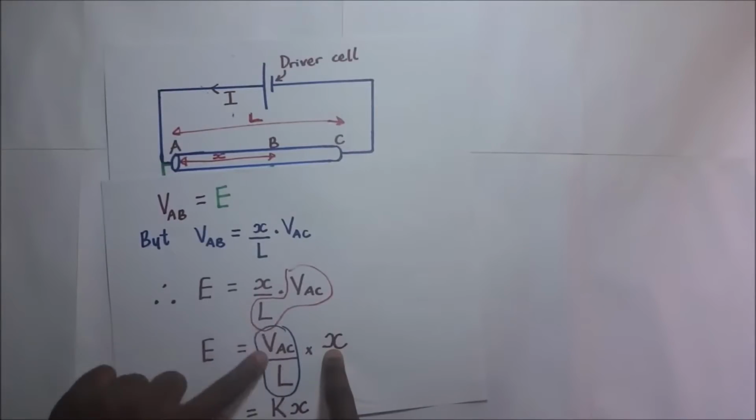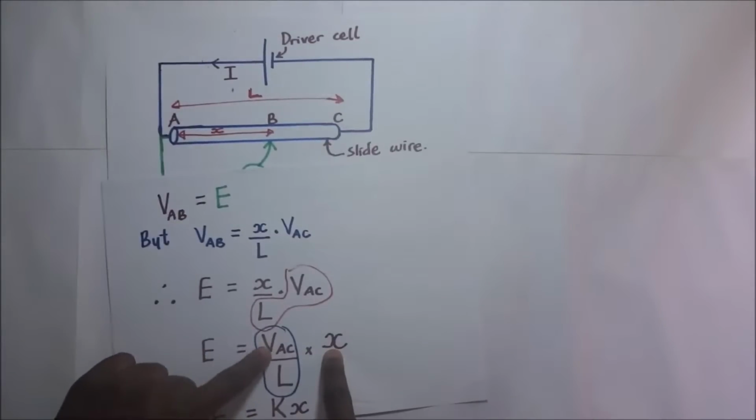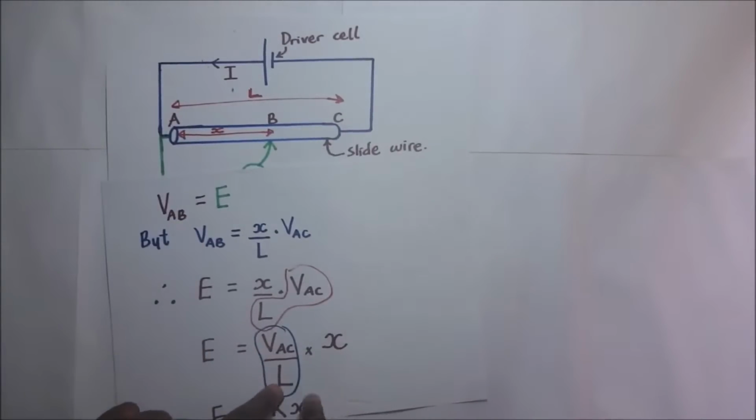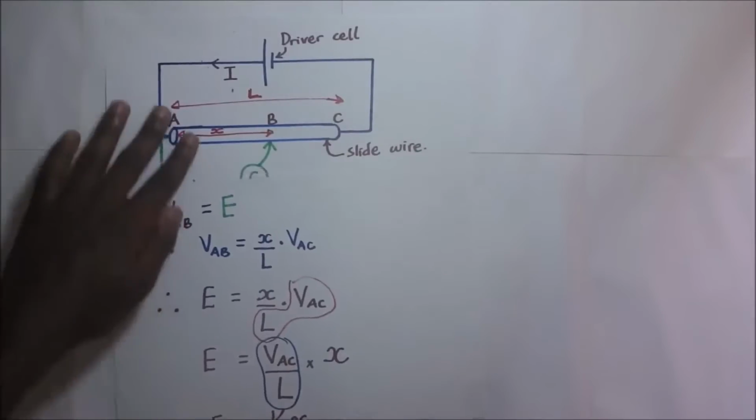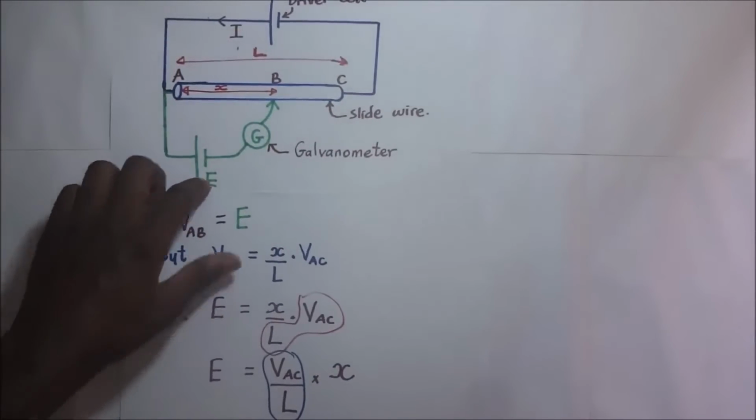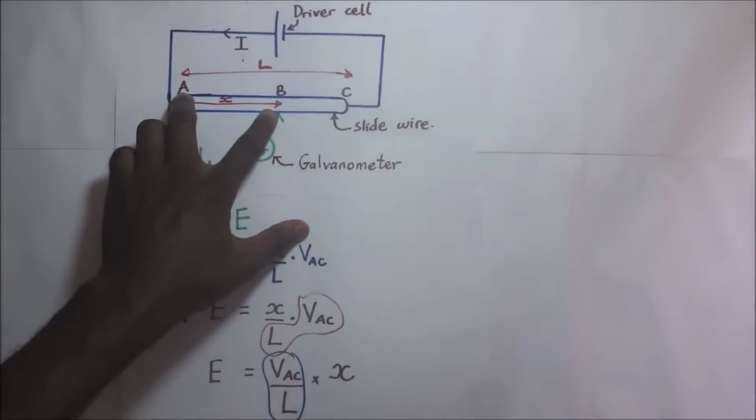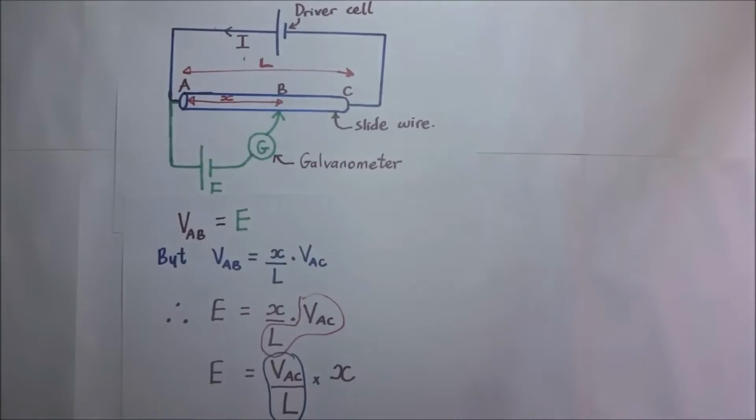The PD per unit length is represented by VAC over L, which we call a constant K. So to get the EMF E, we take the PD per unit length, the value of K, times the balance length we have gotten.